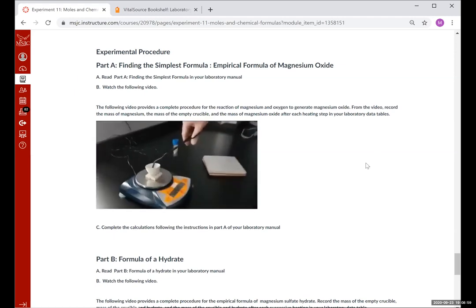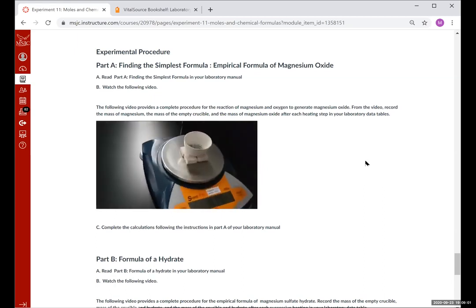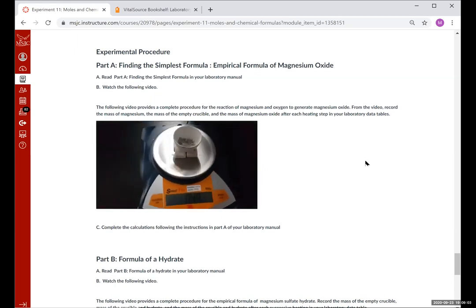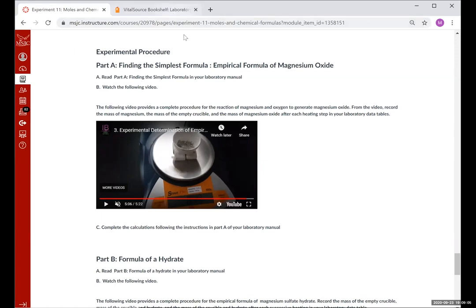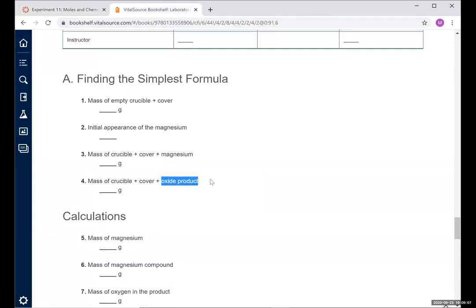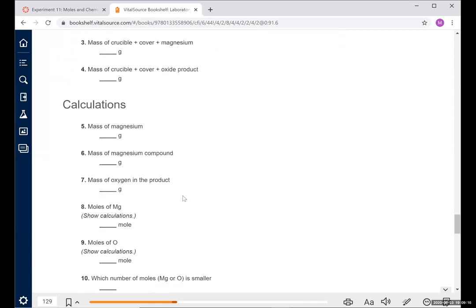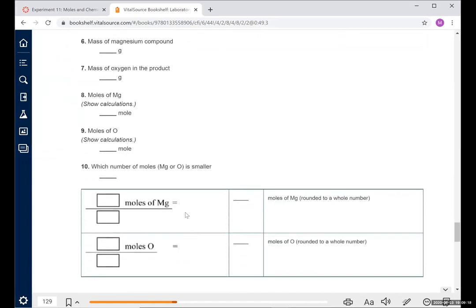Once they finish the heating process, they then weigh their final product, and this final product is what you'll use for the oxide product mass. Now, from just these 4 pieces of raw data, you'd be able to calculate the empirical formula, and I will show you how to do that in today's lab lecture. Okay?